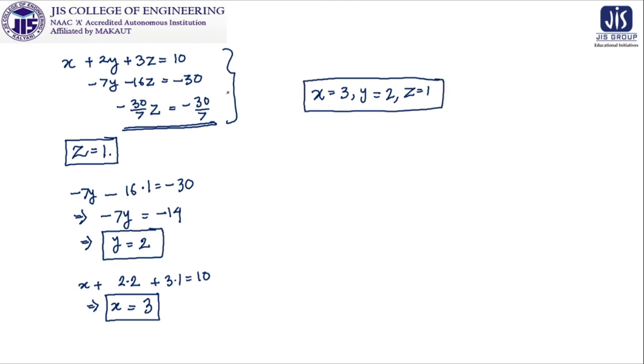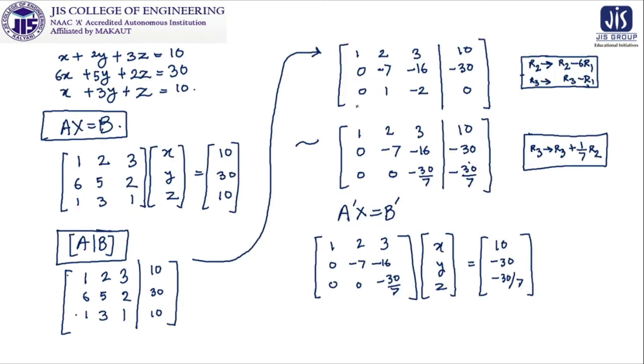That is not an issue, but for our own verification, to check that the process we have used for the Gauss elimination method is in the right manner, we can check it in the given system of linear equations. If we substitute 3, 2 and 1 in this system, I think all of you will get that it is satisfied. That is 3 plus 2 into 2, 4 plus 3, that is 10.